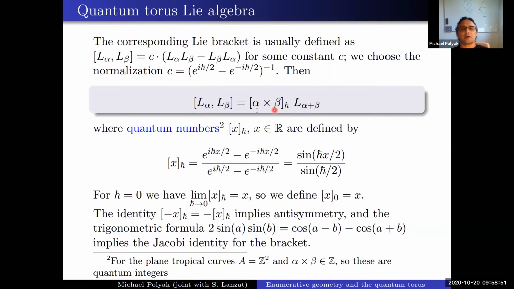And this thing here is the so-called quantum numbers. You probably know quantum integers, but you can do that for any h.